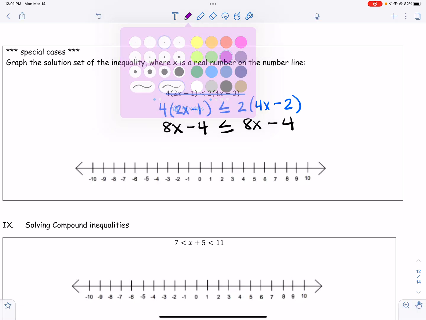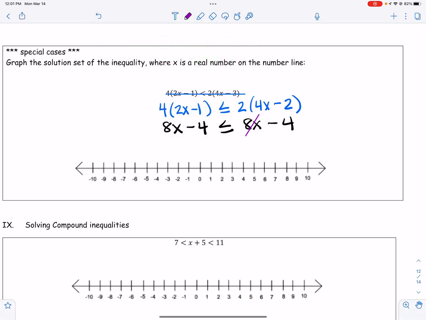Again, the x's will cancel each other out, and now I have that negative 4 is less than or equal to negative 4, which is true, okay? Now, we usually don't say negative 4 is less than or equal to negative 4, but because it includes it, it is true. That is a true statement.